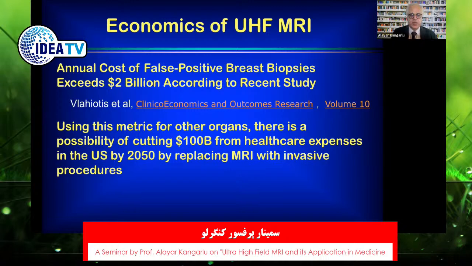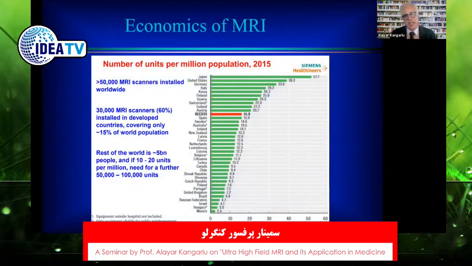And that by itself, just for one organ, the elimination of that biopsy will save the healthcare system $2 billion. And you can imagine, given the number of organs in the body, you can easily stretch that saving to about $100 billion once these technologies get developed.